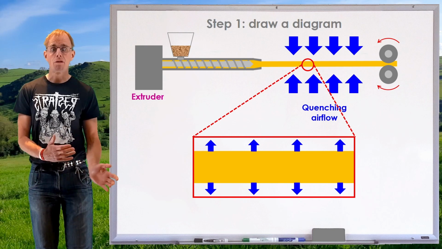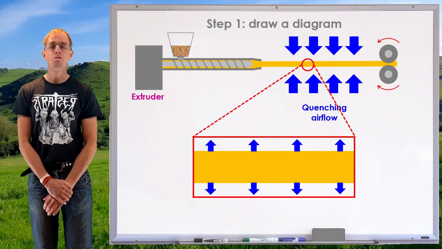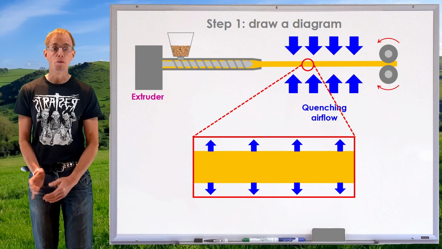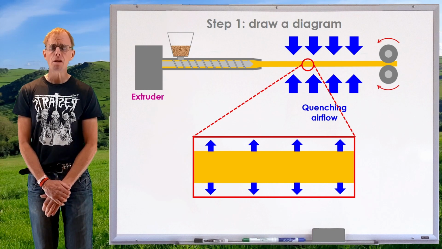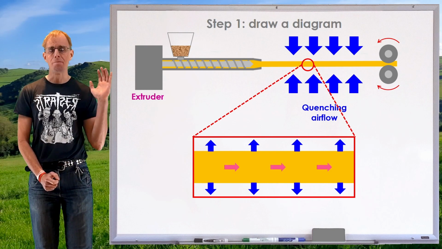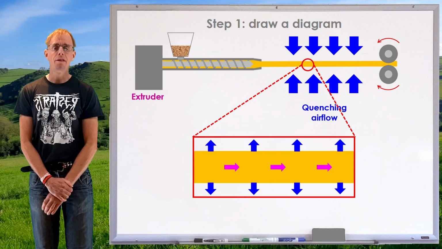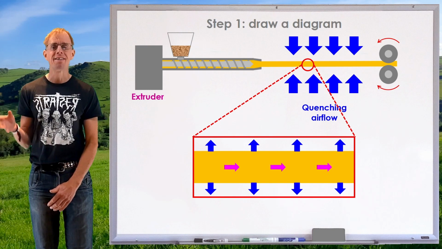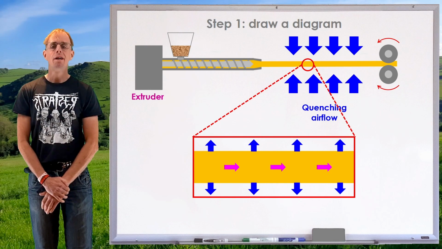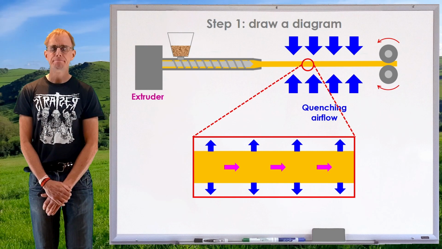I've got a moving product. I'm extruding product and I'm hauling it off with rollers, probably at a different speed, probably because I'm drawing the product down a bit. So I'm going to have advection. So there with the pink arrows, they represent the energy advecting into and out of that red control volume as a result of extrudate motion.